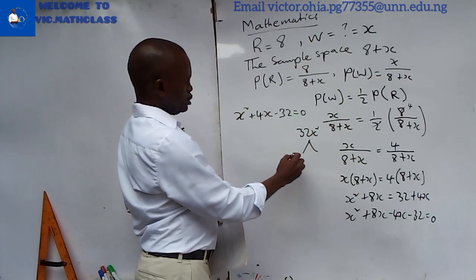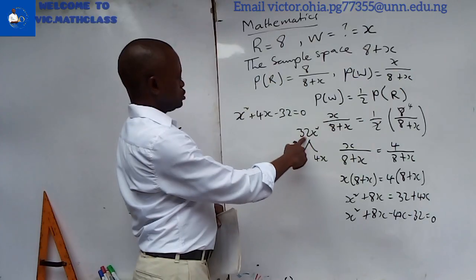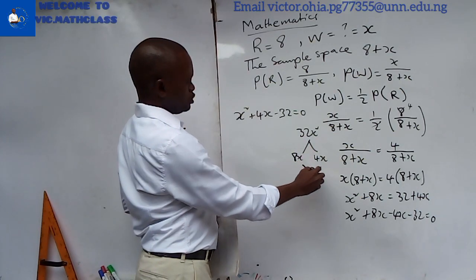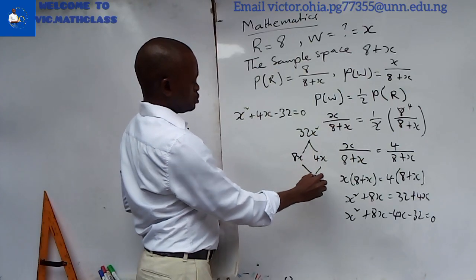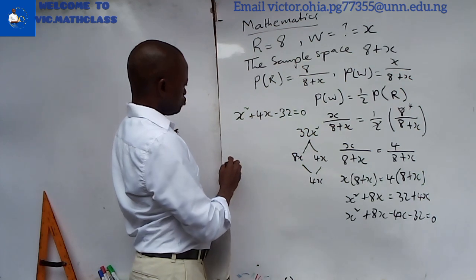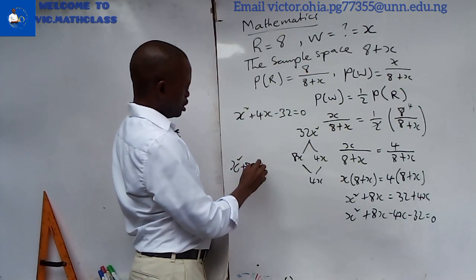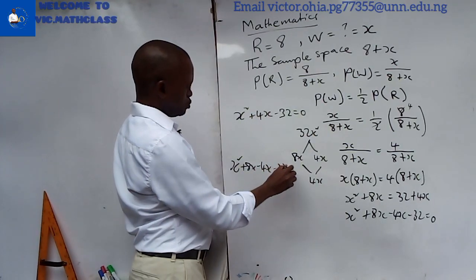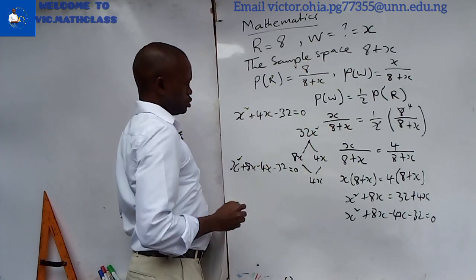So if you look at 8x and 4x, they will give you this, and by difference, 8x minus 4x is going to give you 4x, so it will return you back here. So I'm going to say x squared plus 8x minus 4x, which returns me back here, minus 32 equals 0.